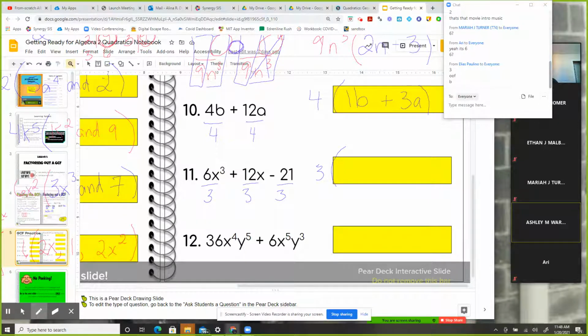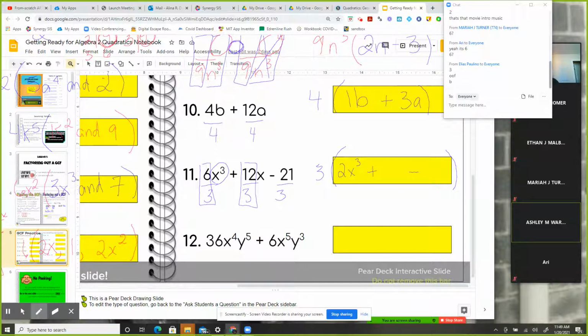We've started with 3 terms, so we're going to have 3 things inside the parentheses. What's the first term inside the parentheses once I do 6 divided by 3? 2. Awesome. 2x cubed. We're going to keep that cubed because we didn't divide by any x's. And then what's 12x divided by 3 turn into?